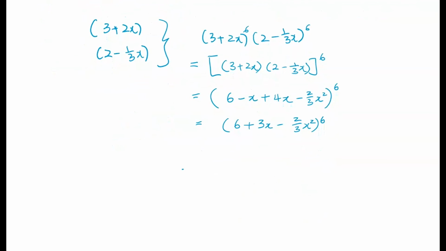In other words, I can now say that 6 plus 3x minus 2 over 3 x squared to the power of 6 is equal to 3 plus 2x to the power of 6 multiplied with 2 minus 1 over 3 x to the power of 6.